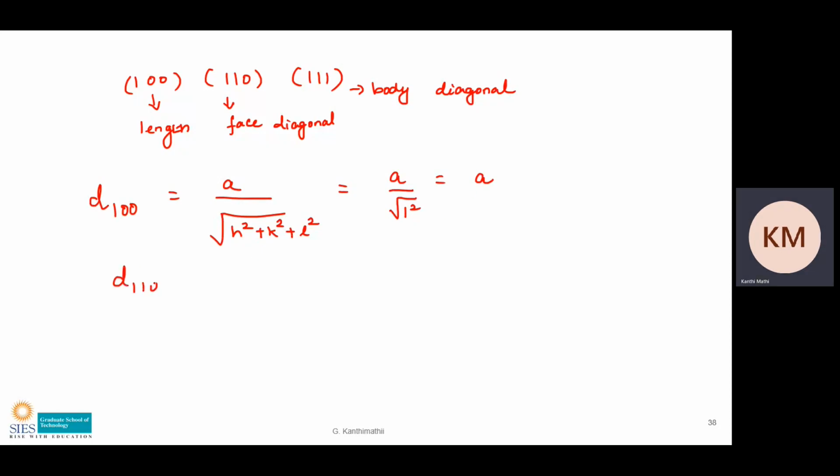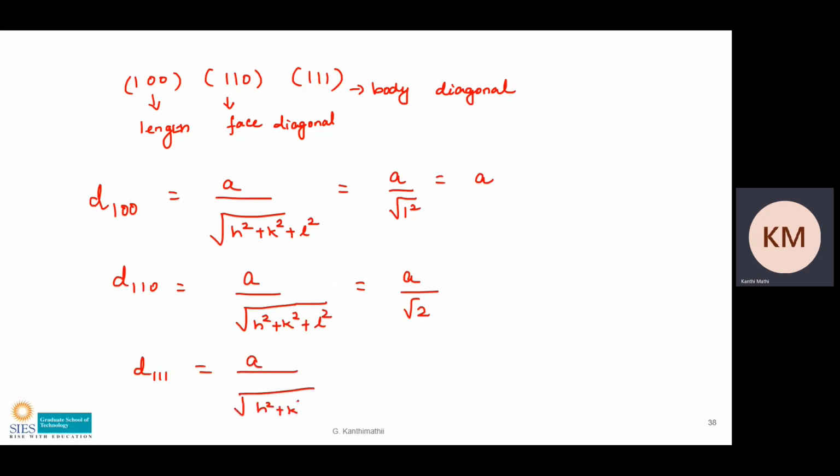Now for D110, H and K are 1 and 1, right? So if I put H and K as 1, 1, this would become A by square root of 1 square plus 1 square, that is nothing but A by root 2. Now, if I write for D111, HKL values are 1, 1 and 1 again.